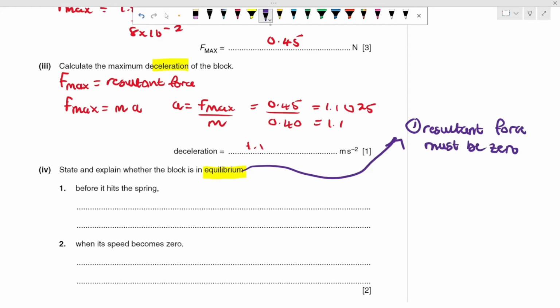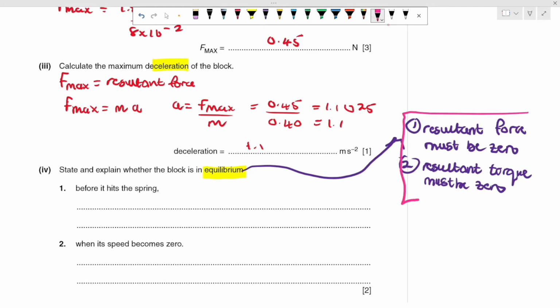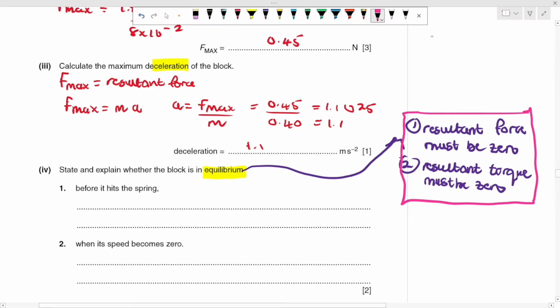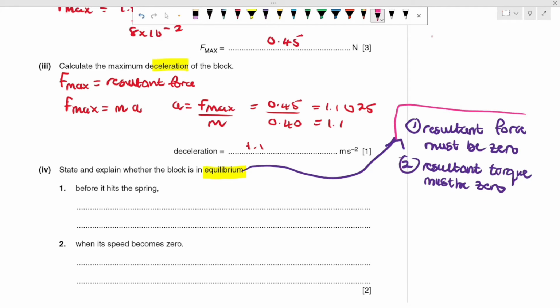Second, the resultant torque must also be 0. Those are my two scenarios. If you understand this, you're pretty much done with equilibrium situations in A-level physics. They come up a lot, and just by understanding these two concepts, you're pretty much done.